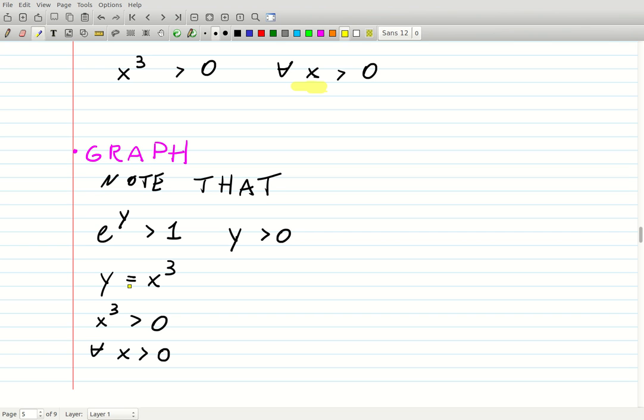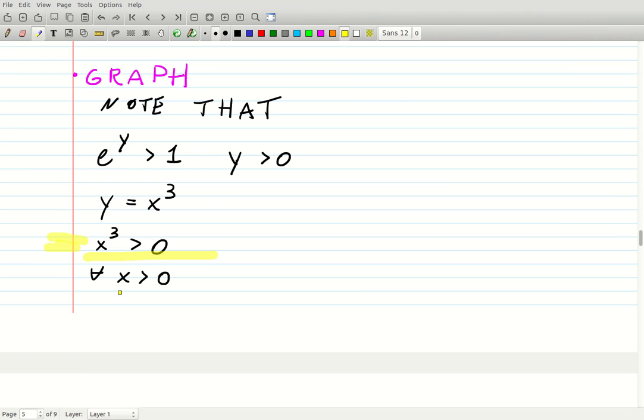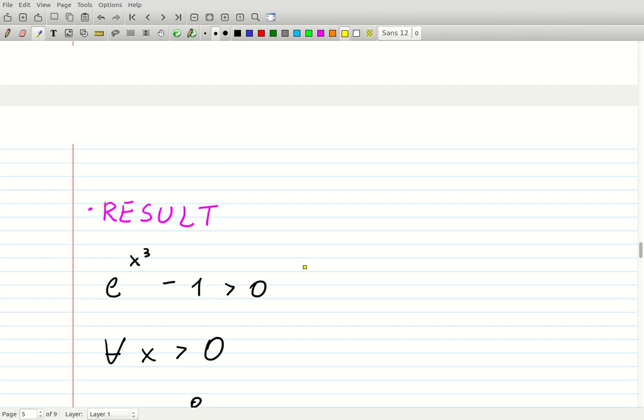If our y is x cubed, we are looking for the values of x which will make x cubed greater than 0. That is, we are looking for every positive real number, greater than 0. This will be our solution.